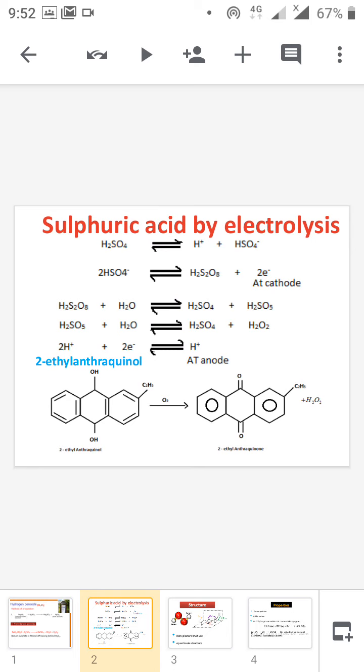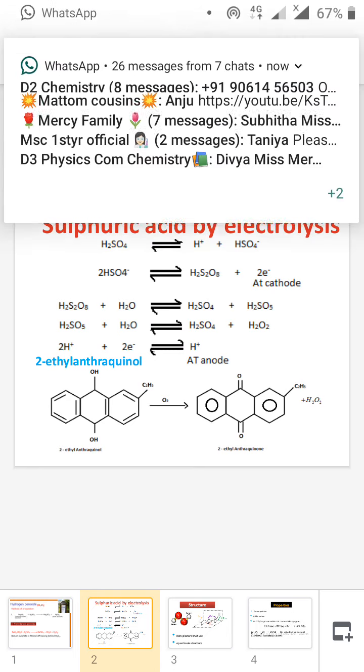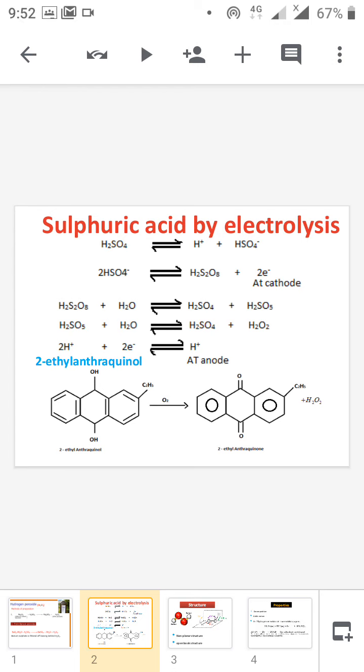Sulfuric acid decomposes to H plus and HSO4 minus, and HSO4 minus decomposes to give H2S2O8 plus 8 electrons. So we will get H2S2O8 at the anode, and at the cathode we will get H plus. Then hydrogen peroxide is also prepared from ammonium sulfate by using electrolysis, with the same procedure as we discussed for sulfuric acid.